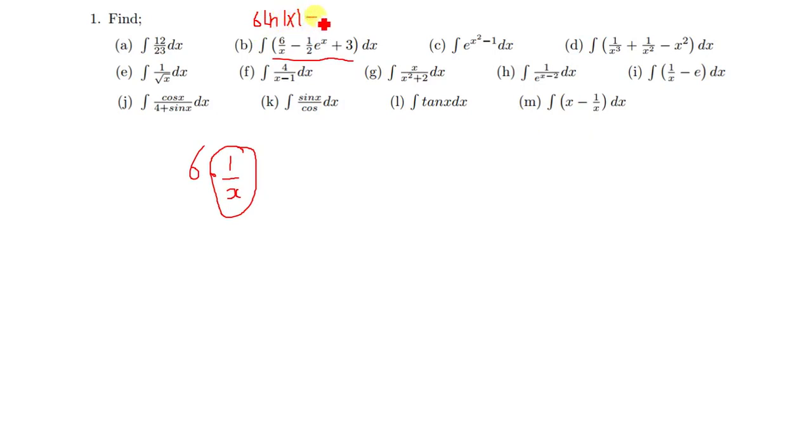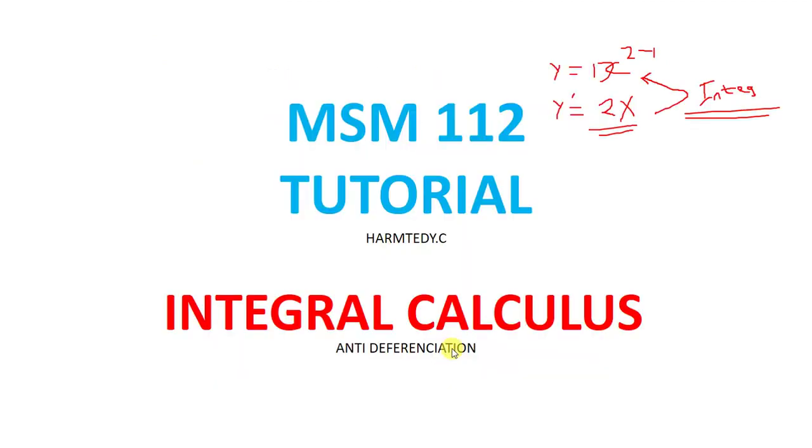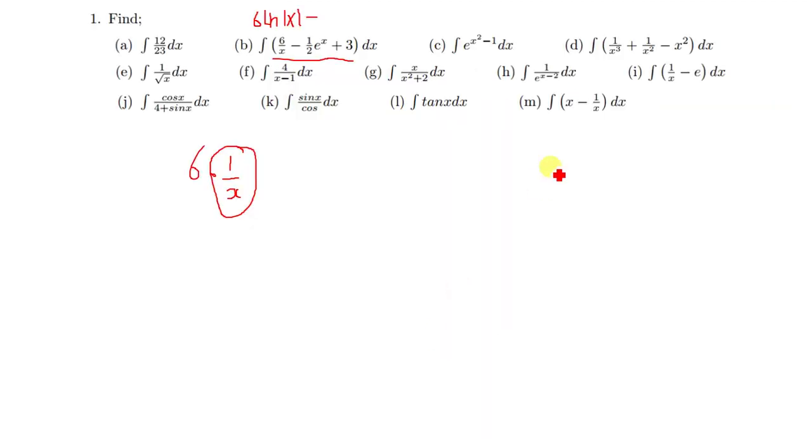And then minus, when you integrate e to the power x, remember what we said, e to the power x does not change when you integrate it, it just remains the same. So it will just be 1 over 2 e to the power x.